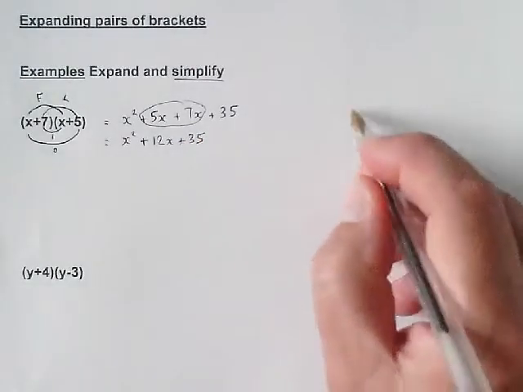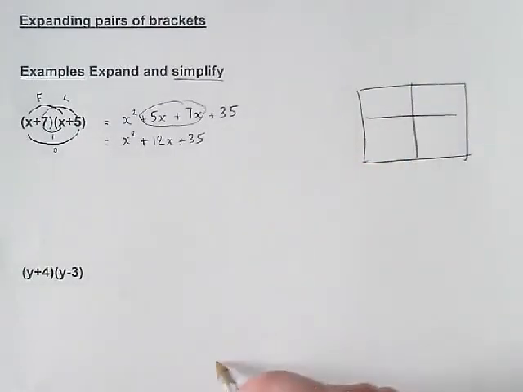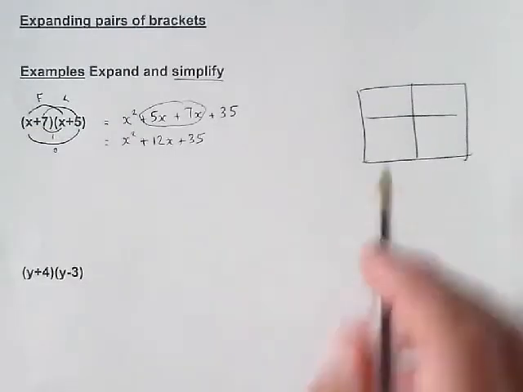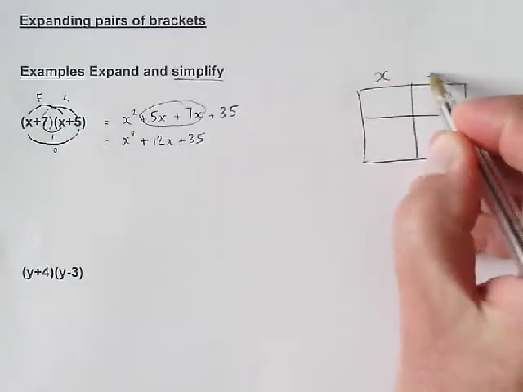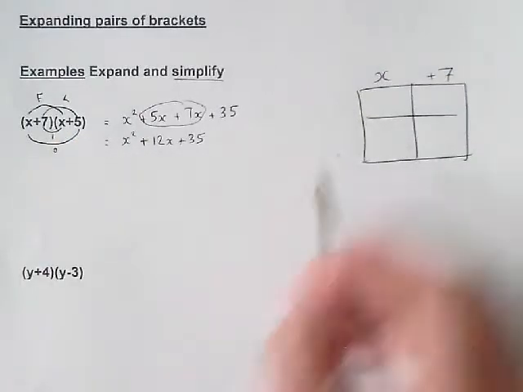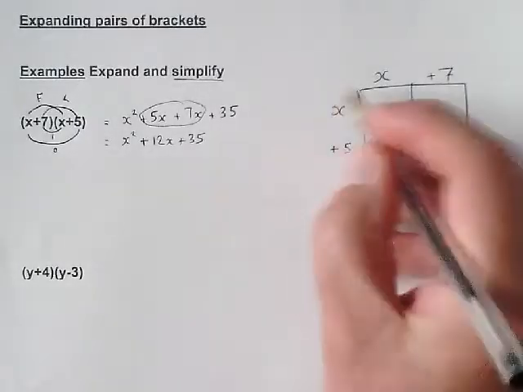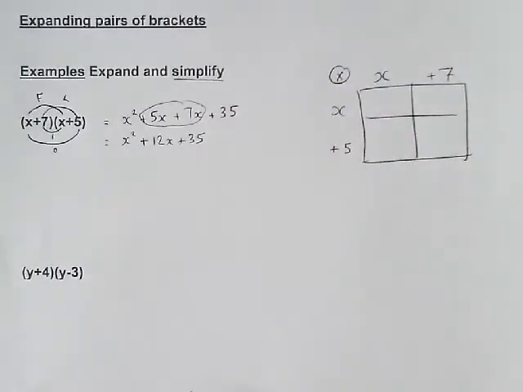Now the grid method is a 2 by 2 grid, and what we'll do in the 2 by 2 grid is we'll put one of the brackets along the top, so x and plus 7, and the other bracket will go down the side, so we'll have x and plus 5. And then this is just a 2 by 2 multiplication grid.